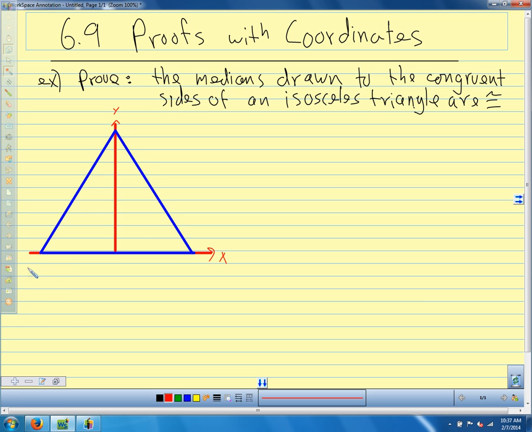So this is going to be point P. And the coordinates of that point are negative 2a, 0. This is going to be point Q. This is point 0, 2b. And point R, our third vertex, is going to be at 2a, 0.